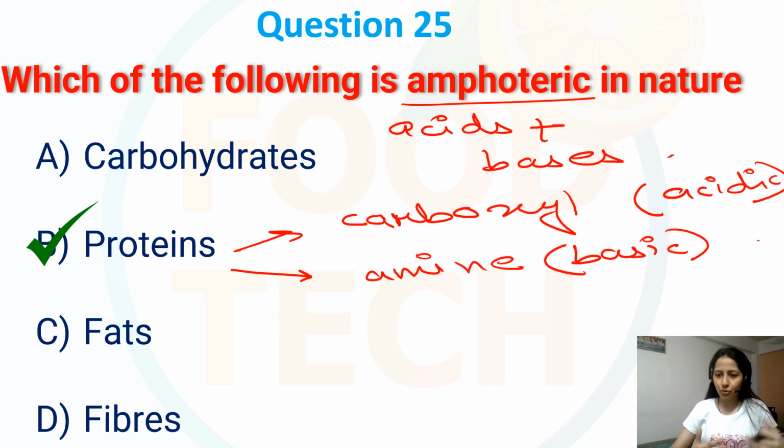So these two functional groups in their structure allow them to exhibit the amphoteric behavior. So what is amphoteric? These are the substances that can act on both acids and bases, and since protein contains the carboxyl group as well as the amino group, that's why it is amphoteric in nature. So over here my correct option will be B.